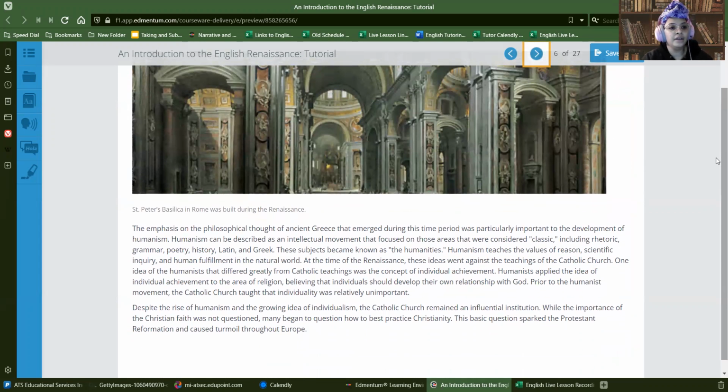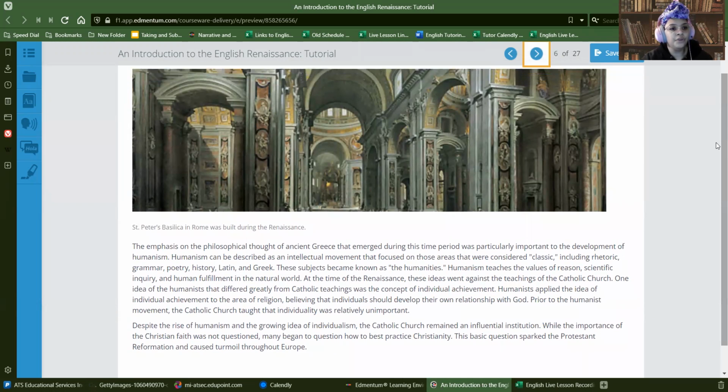So here, they give you a photo of St. Peter's Basilica in Rome. This was built during the Renaissance. So this gives you an idea of what the architecture was like that people were into at the time. A resurgence of columns, lots of different reliefs. Reliefs are pictures and depicted images, basically telling a story.